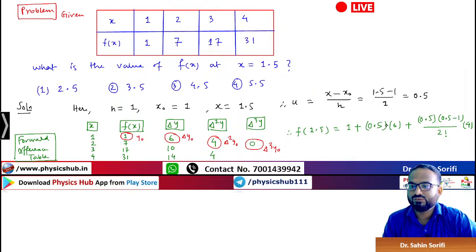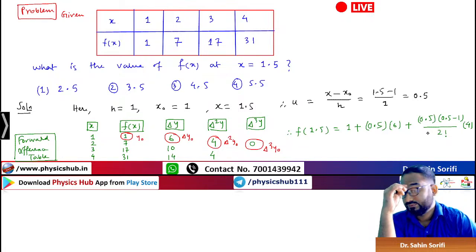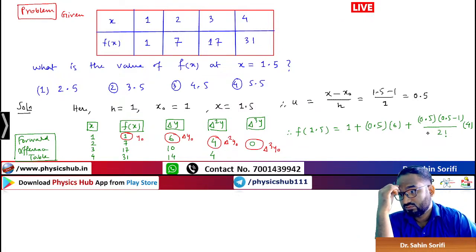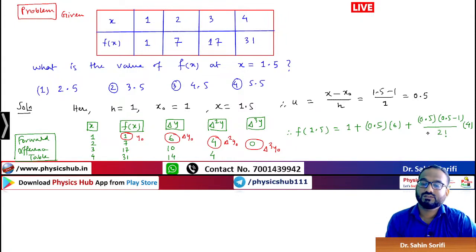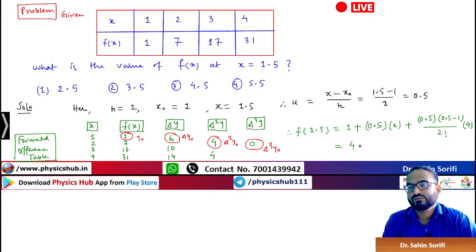See, the first two values are positive, but the third value is negative, minus 0.5. So 1 plus 3 is 4, minus 0.5 is coming.